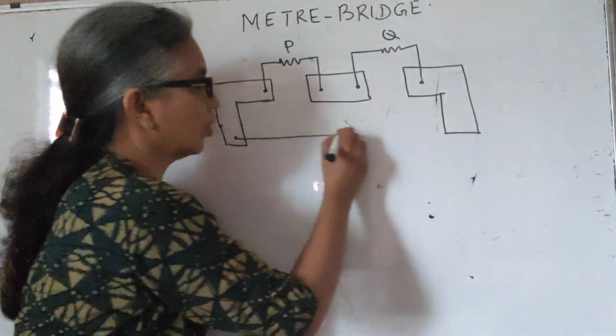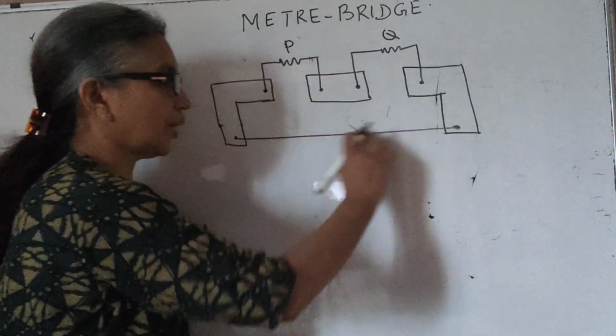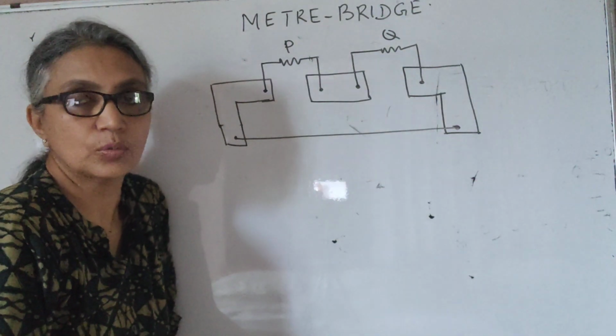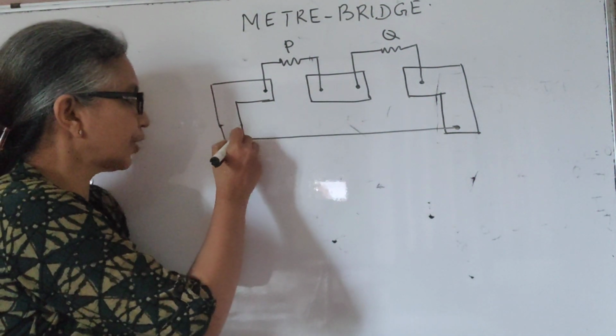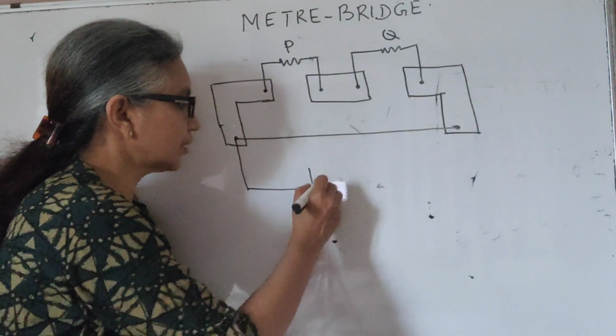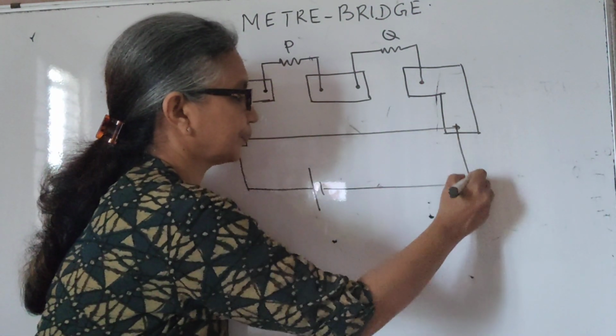And then we have a 1 meter long wire. This wire is a high resistance wire which is 1 meter long, which is 100 centimeter. And from these 2 points, we have the cell that is connected.